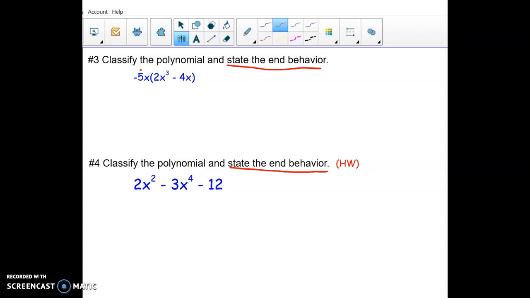All right, so before we classify, I'm going to clean this up. So distribute that, and that'd be negative 10x to the fourth plus 20x squared. So it would be a binomial because it's got two terms. And it'd be a quartic because it's a fourth power. Okay, and then the end behavior should actually be down and down.